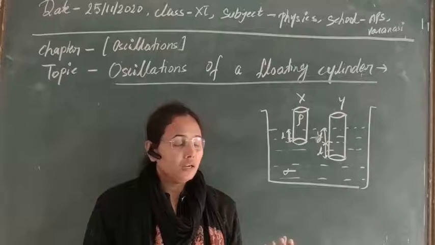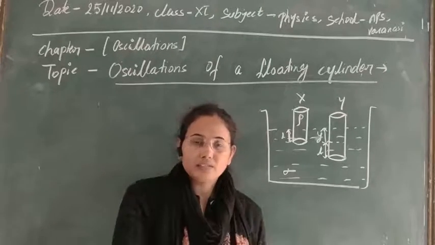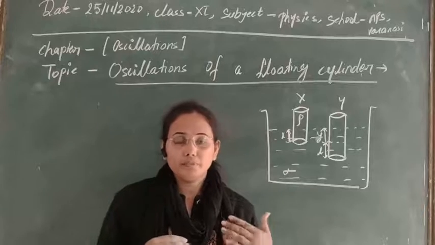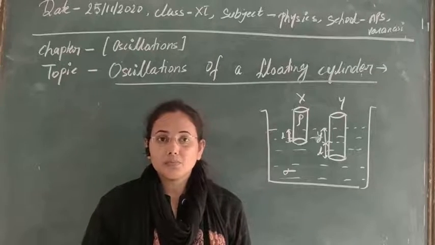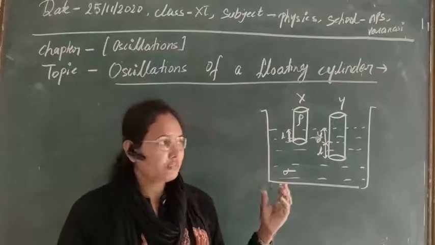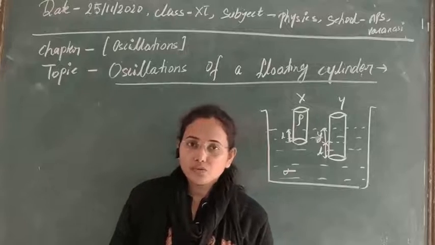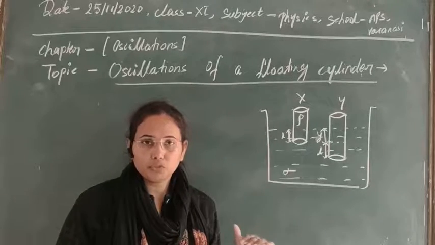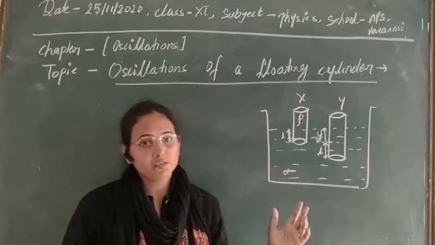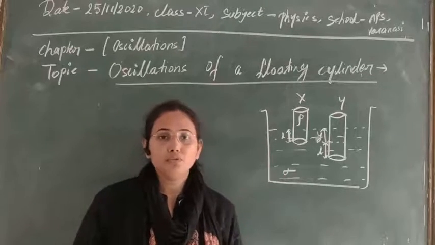Then it will apply some force to reduce it, to prevent any change in its position, or to prevent the oscillation. This force is known as restoring force, and it will always be opposite to the direction of displacement, and it will always be proportional to the displacement that is produced in the system.